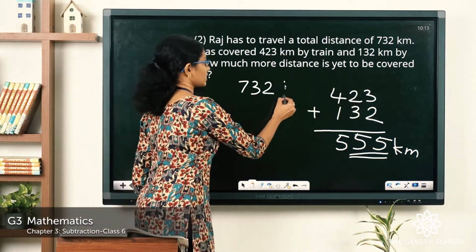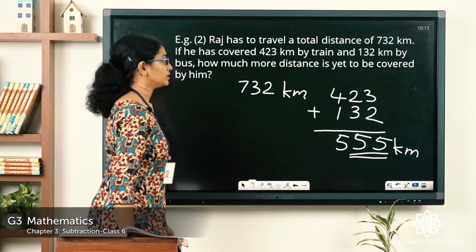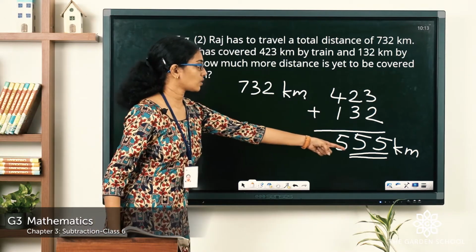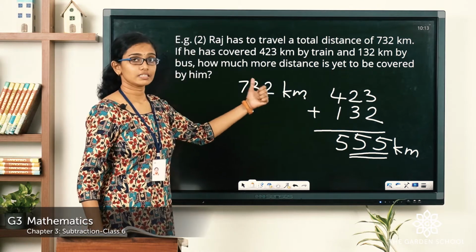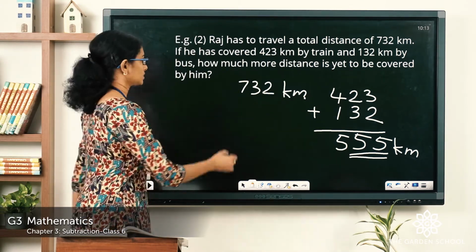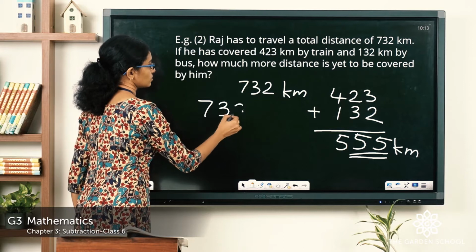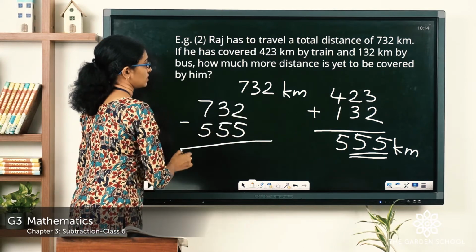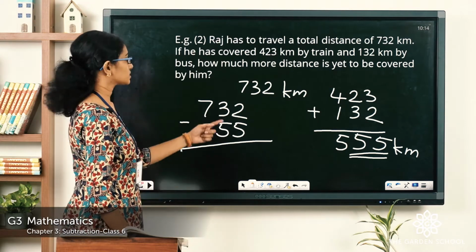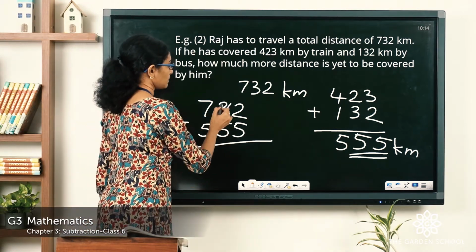What is the total distance that he has to travel? It is 732 kilometers. Now let's subtract the total distance covered by bus and train together from the total distance that he has to travel. Let's do that. 732 minus 555. So let's subtract the ones first. 2 minus 5 we cannot do. We borrow.